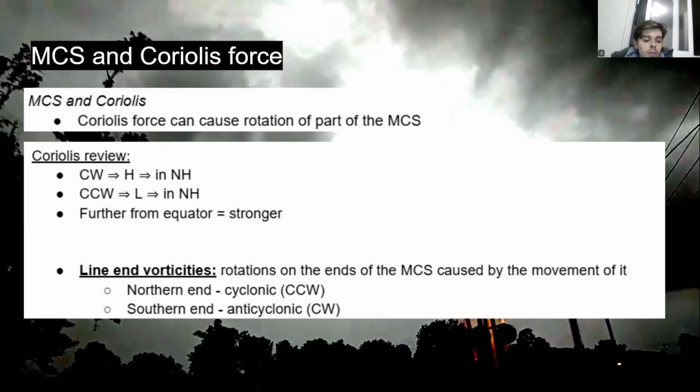We can have what's called line end vorticities because of this. It's rotations on the end of the MCS. And on the northern end, we have cyclonic or counterclockwise flow. On the southern end, which is not as strong, anticyclonic or clockwise flow.